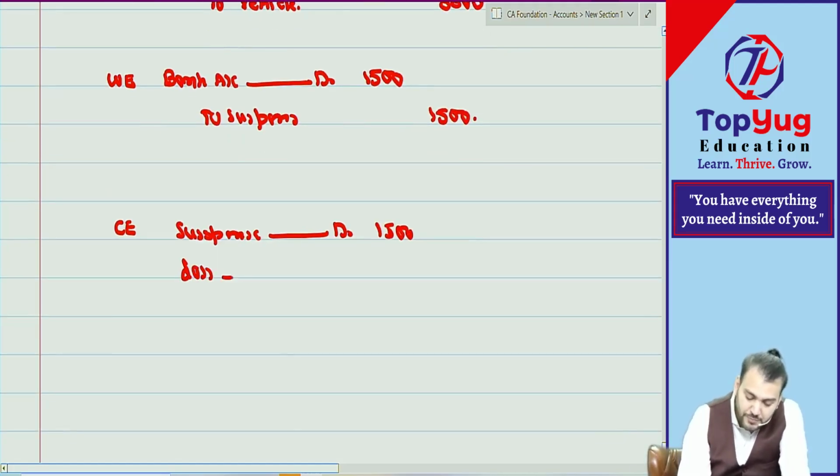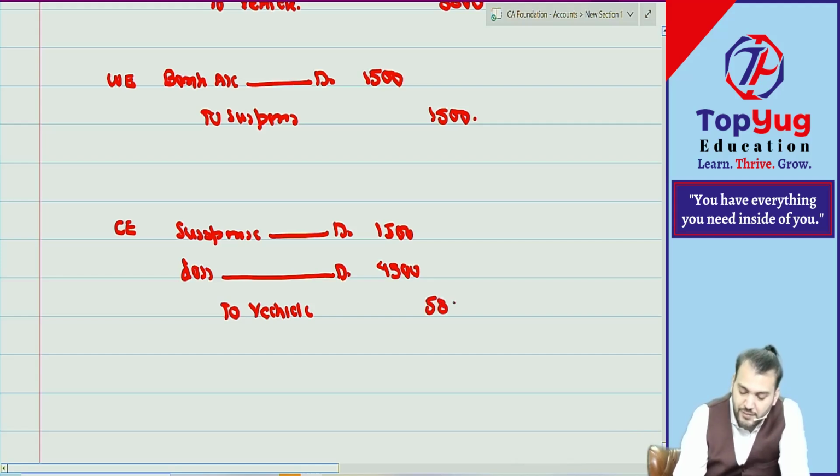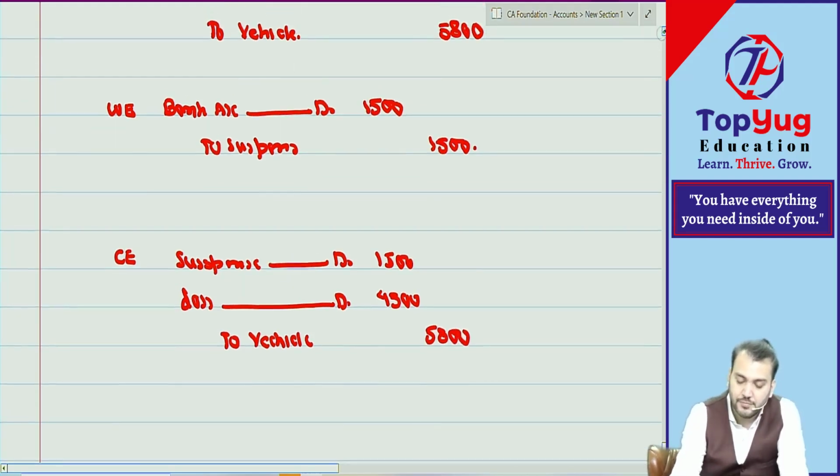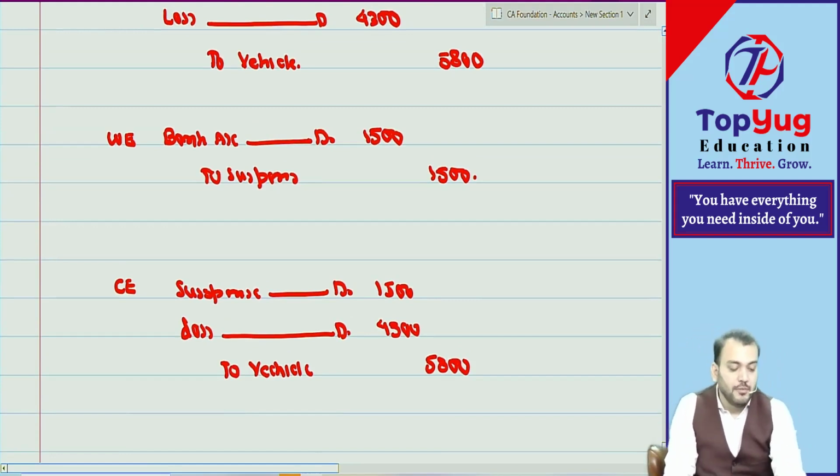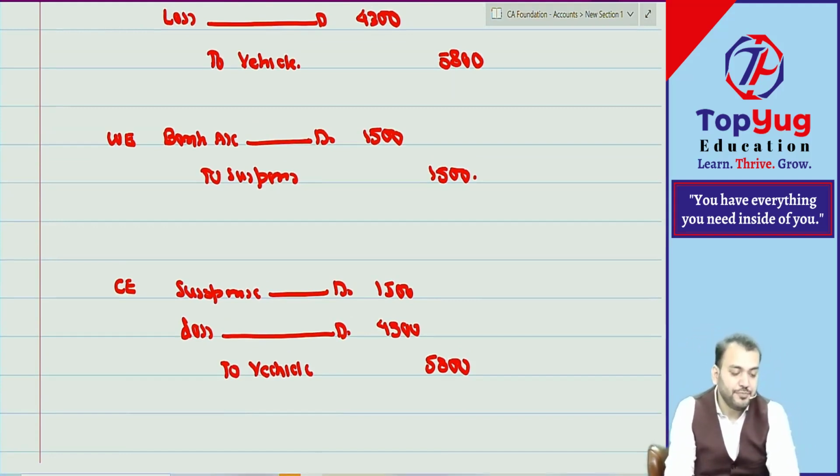Loss will be debited by how much? 4,300. And to vehicle how much? 5,800. This is the rectified entry. Have you understood? Any doubt in this?